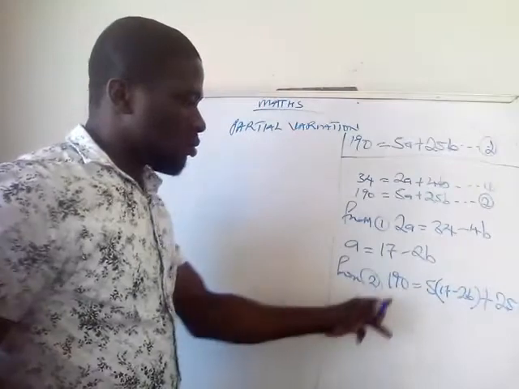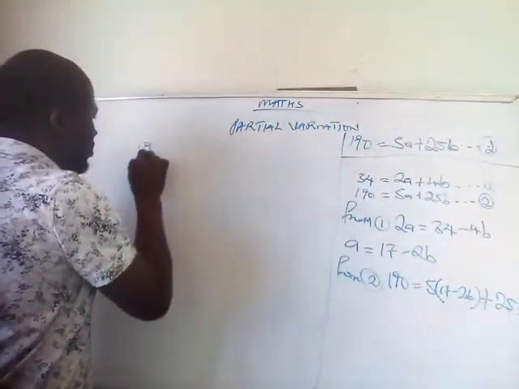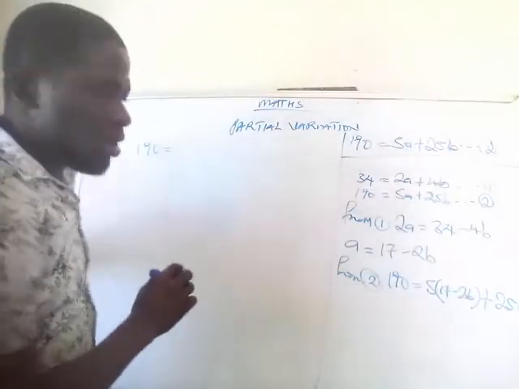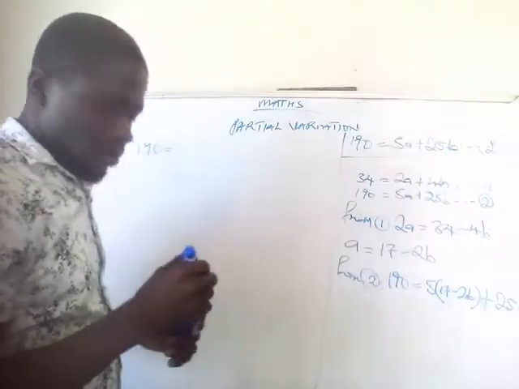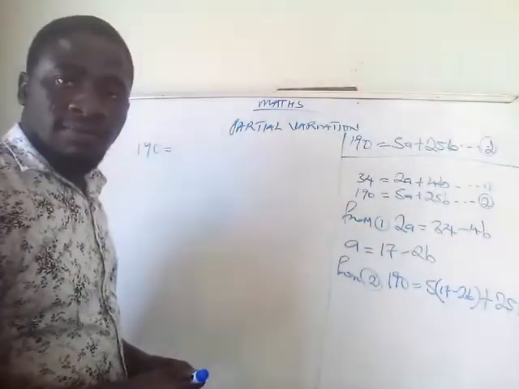So bring down 190 equal to 5 times 17. 5 times 17 will give us 85.